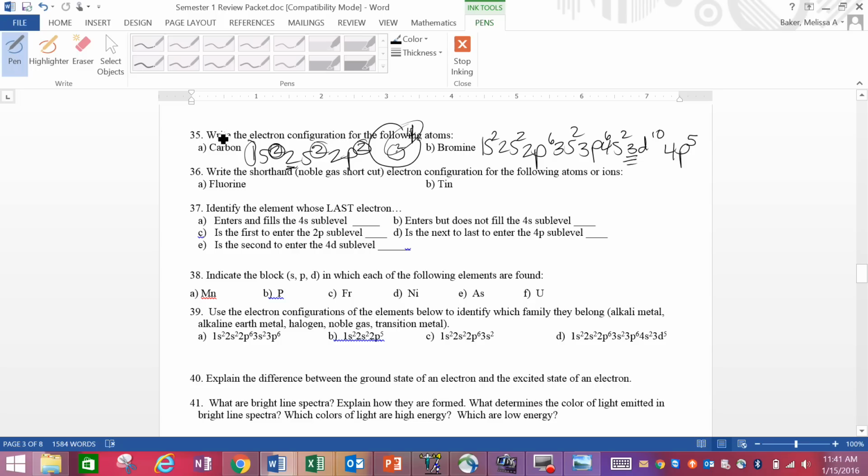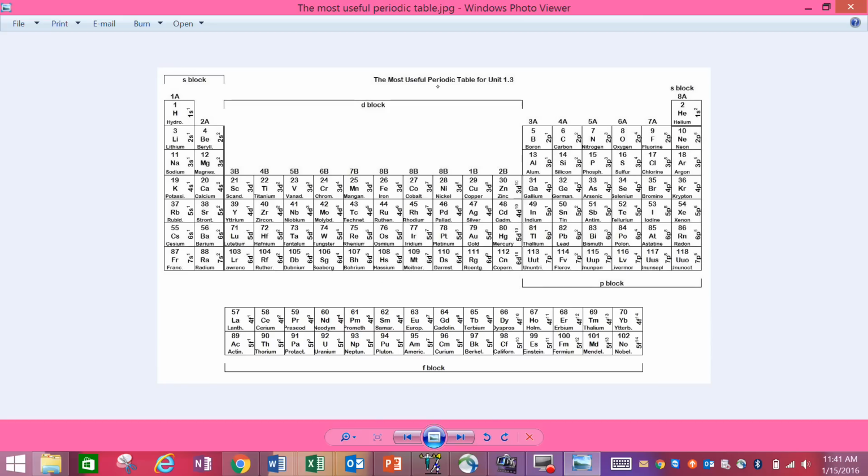Now, it's a lot easier to write the noble gas electron configuration. So the way that you do that is for fluorine, for example, you look at what was the last noble gas before fluorine. Reminder, group 8A right here is the noble gases. So you get to put the last noble gas in brackets. So helium in brackets, and then you just continue on as usual till you get to fluorine.